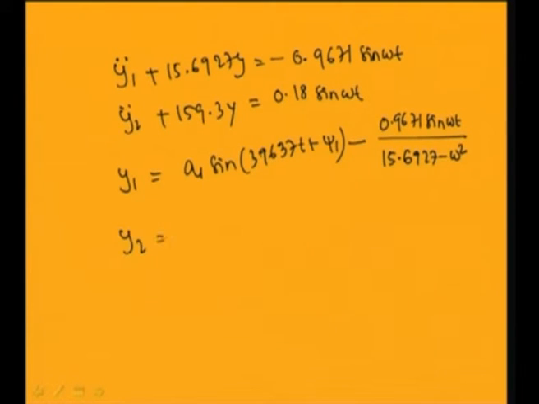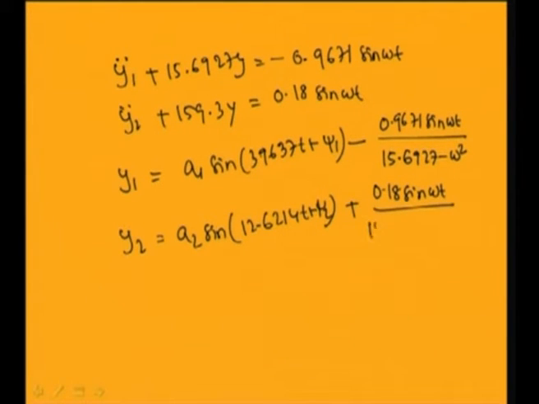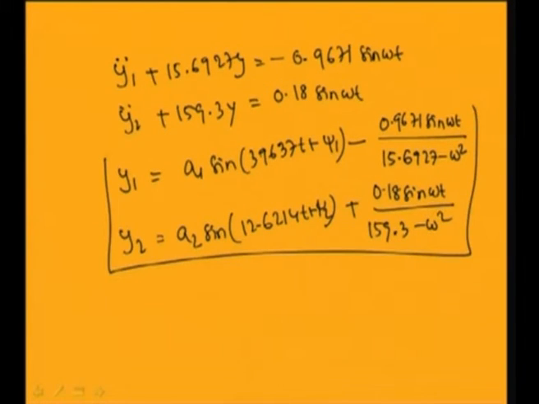Similarly y2 becomes A2 sin(12.6214 t plus phi2) plus 0.18 sin omega t by 159.3 minus omega square.